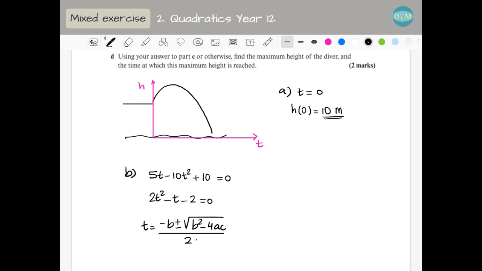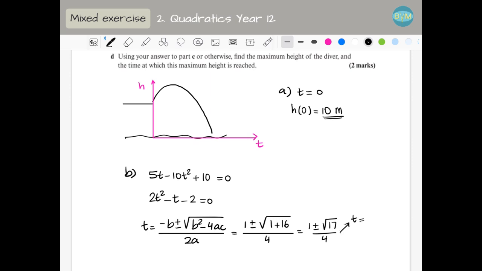So we substitute, and we have minus b, so minus minus 1, because b is minus 1, plus or minus the square root of b squared, which is 1, minus 4 times 2 times 2, with a minus becoming plus, so plus 4 times 4, 16, divided by 2 times 2, which is 4. So we have 1 plus or minus root 17 divided by 4, and we cannot do anything about it, so we are going to find the values of t.